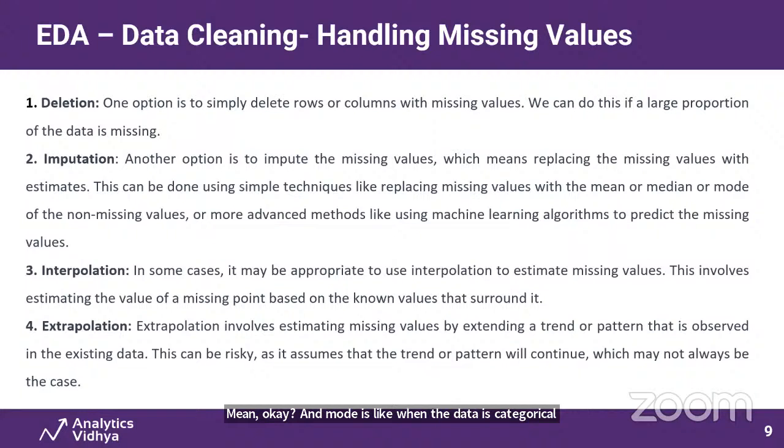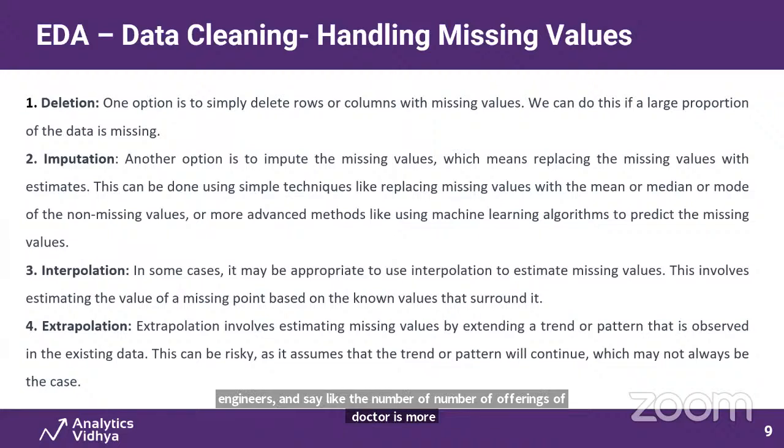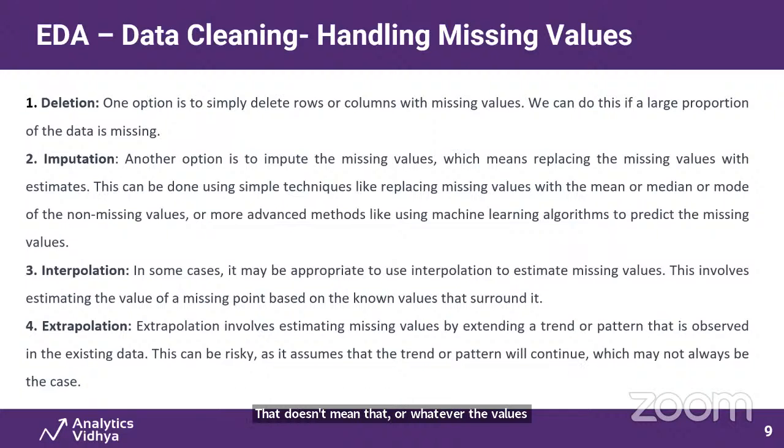But we cannot always impute with mode either. Say I have a dataset with a profession column: doctors, technicians, engineers, and the number of occurrences of doctor is higher. That doesn't mean I can impute all the missing values in that column with doctor. It depends.